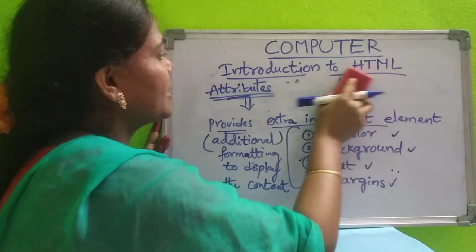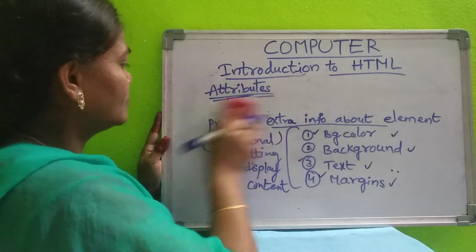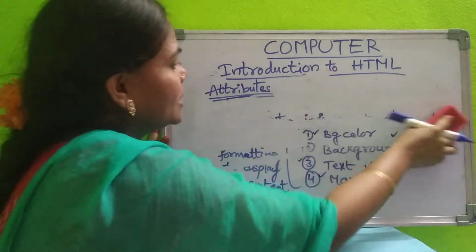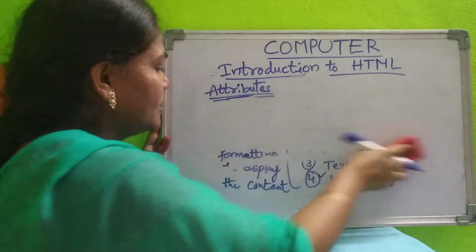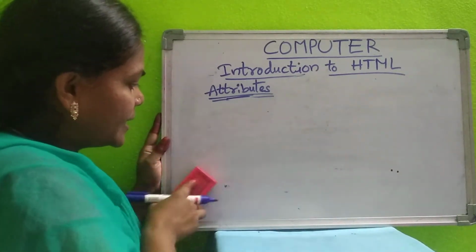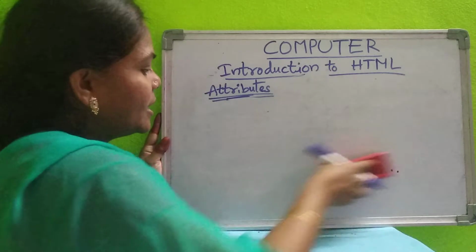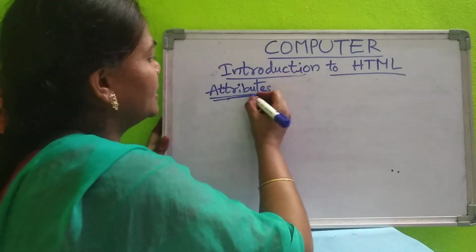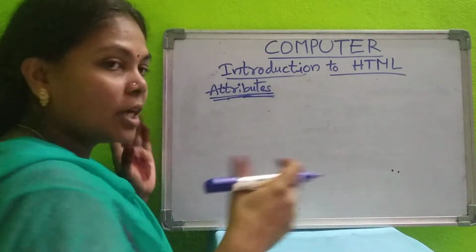What is the first attribute? BG color. For colors there is a hexadecimal code, but you can directly mention the color name. No need to learn all those codes.